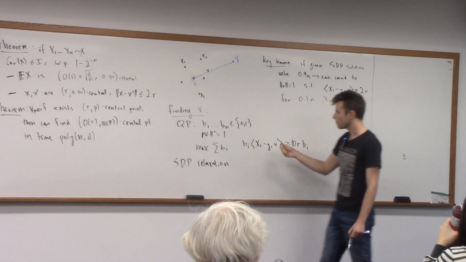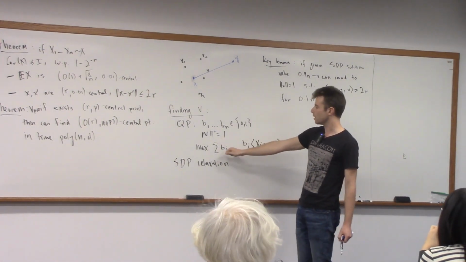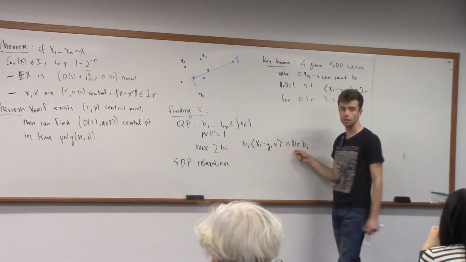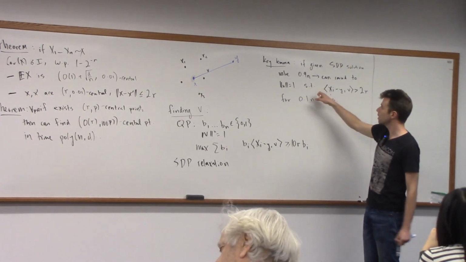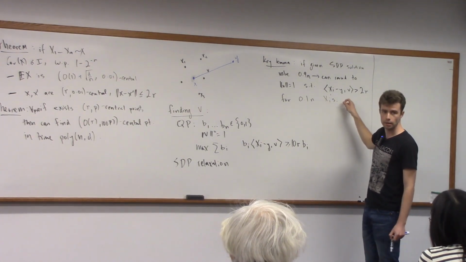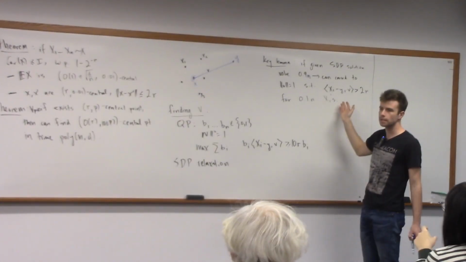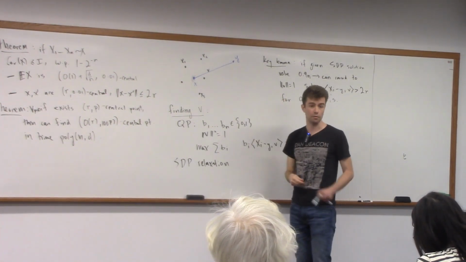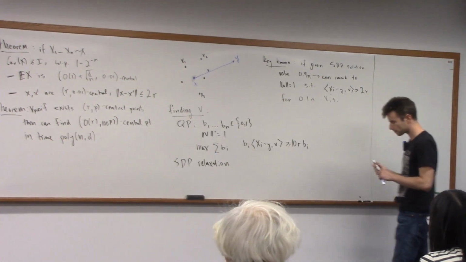So the SDP said, I have a direction where 90% of the points are at distance 10 times r away. And I'll find you a direction where 10% of the points are at distance 2 times r away. So I lost some quantitative constants, but I still found a direction in which a lot of the x's were far away. OK?